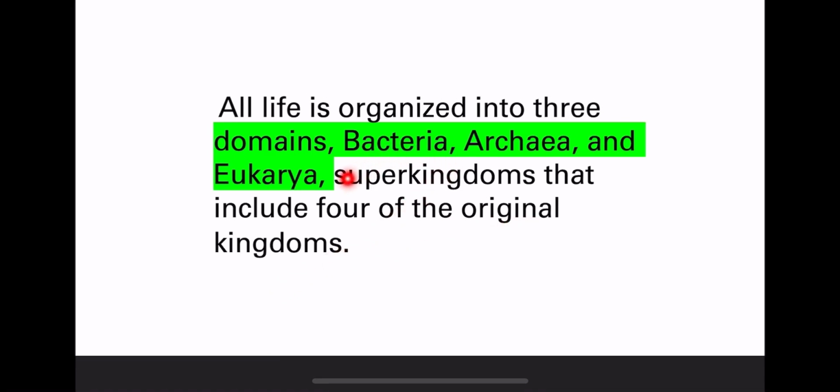So those are the three domains: bacteria, archaea, eukarya. Bacteria and archaea are prokaryotes. What's the meaning of prokaryotes? They don't have nuclei, and they don't have membrane-bound organelles. Eukarya are eukaryotes. They have nuclei and membrane-bound organelles.